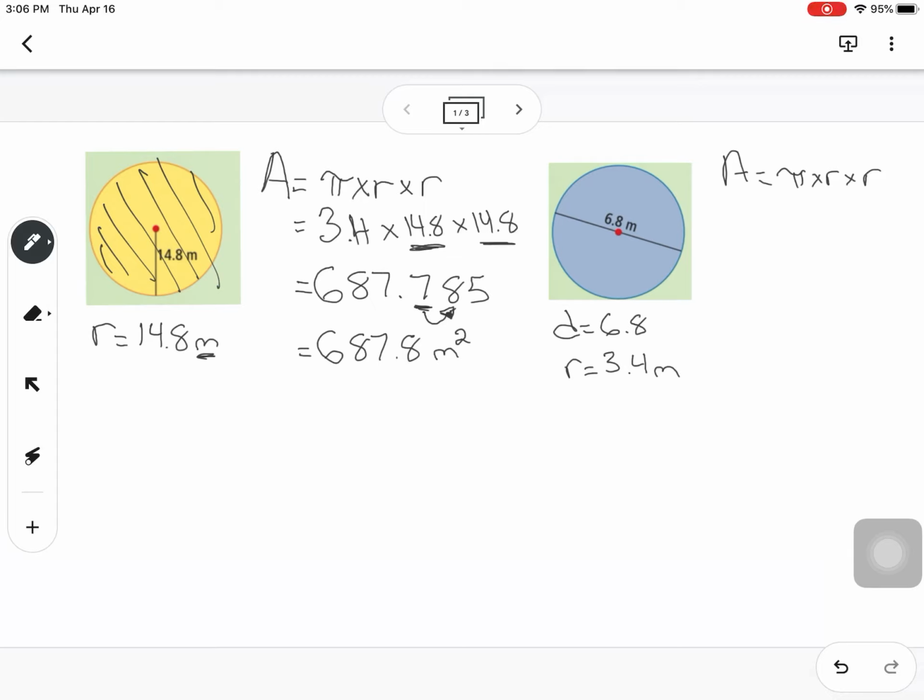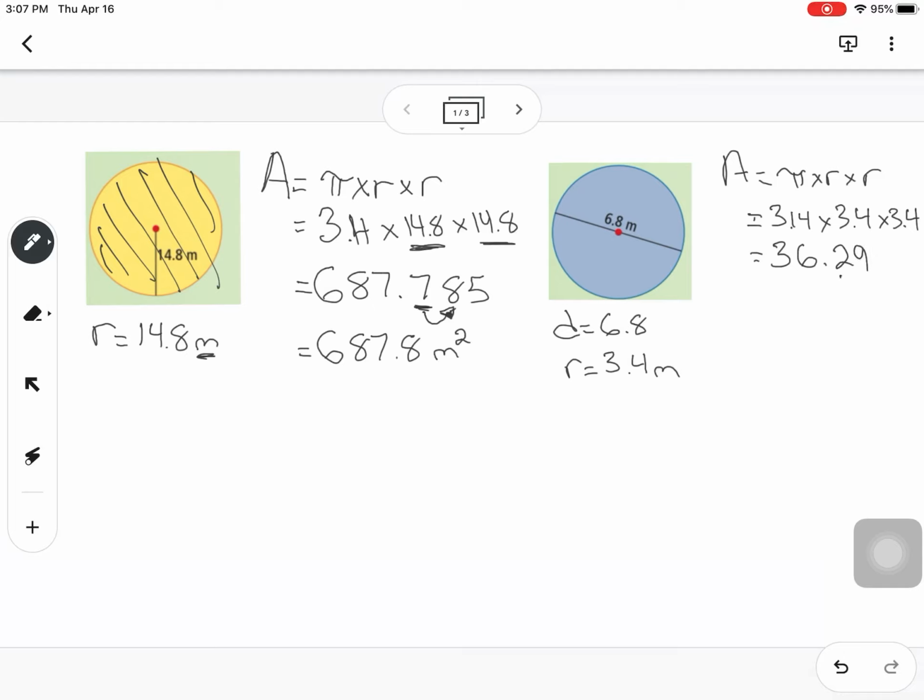Now that we have our radius, we could calculate area by just substituting into the formula again. You could pause the video and try to do that yourself, or you could just follow along where we have 3.14 times 3.4 times 3.4, which is equal to, and of course you could use a calculator for this. I don't want you to spend hours just calculating these things. So we got 36.29, right?